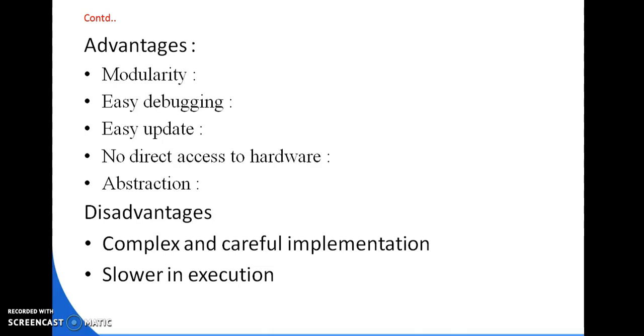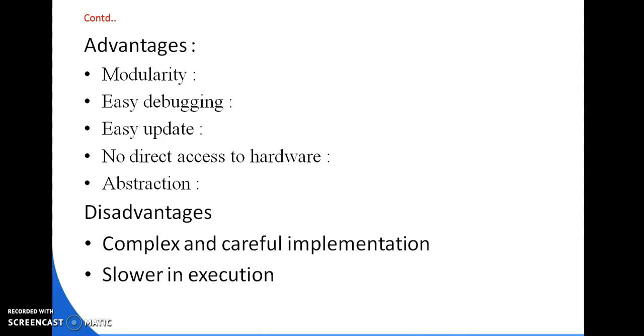For example, the backing storage layer uses the services of the memory management layer, so it must be kept below the memory management layer. And thus with great modularity comes complex implementation.